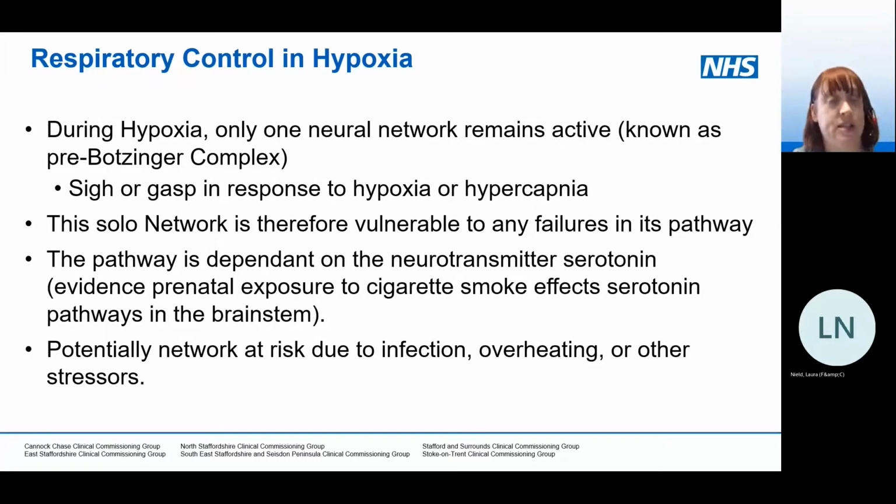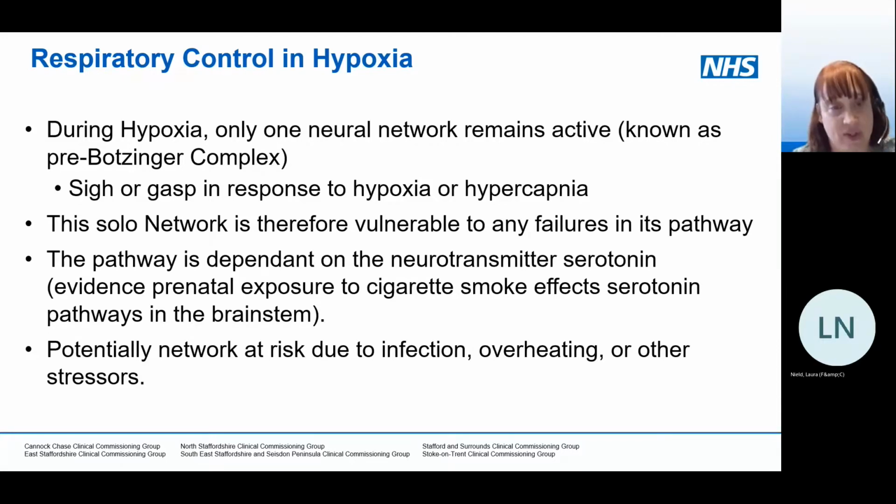And this is where it's normal for the baby to sigh or gasp in response to hypoxia, so the oxygen levels dropping, or hypercapnia, which is where the carbon dioxide levels increase. So the normal response is that the baby sighs or gasps, draws in a big breath, pulls oxygen in, breathes out carbon dioxide.